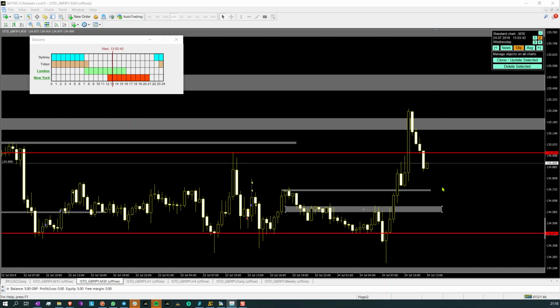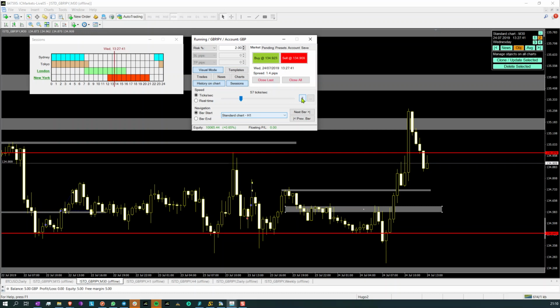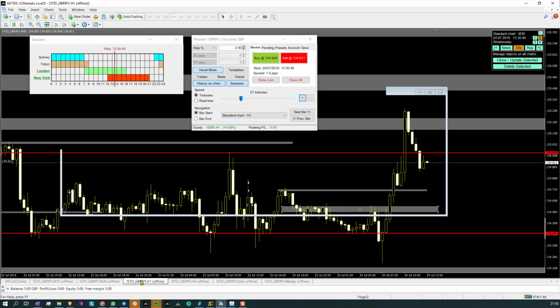Back inside the range. We closed back inside the range. Now let's see if we react. Bullish close on the 30 minutes, not the 1 hour.